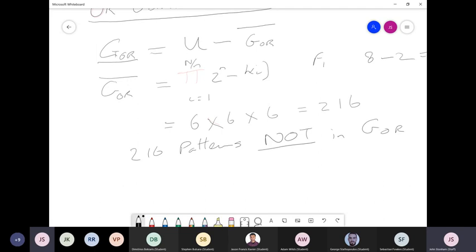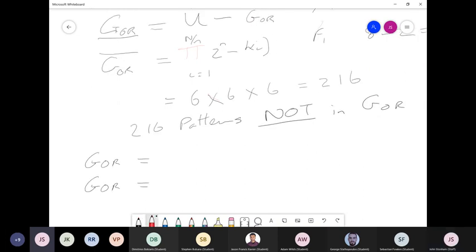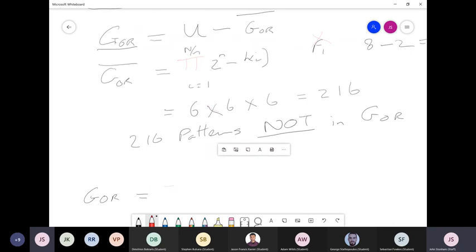So the patterns in GOR is going to be the universe. We're back to this equation here. U is 2 to the 9, which is 512, minus those not in the generalization set, which is 216.